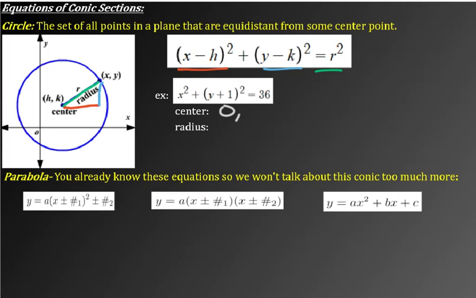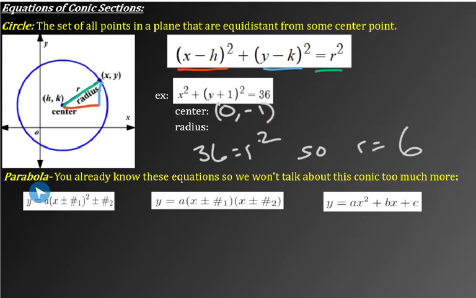And then the y plus 1 means we're over at minus 1. And then the 36 is equal to the radius squared. So the radius is equal to 6, right? If you don't believe it, you should go and plug that into Desmos, and you can see that these are the two important characteristics of that circle, okay?